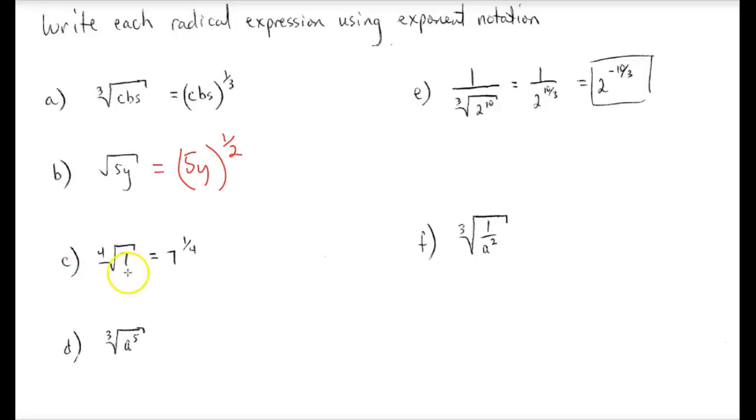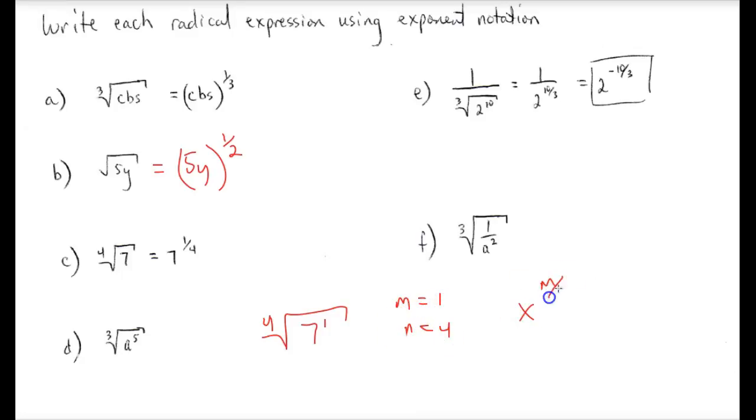For example C, we know that we have the 4th root of 7, and one of the things that we need to make sure that we understand is that 7 is the same thing as 7 raised to the power of 1. So using our rule on changing a radical expression to a fractional exponent, the 1 would be m and the n would be 4.